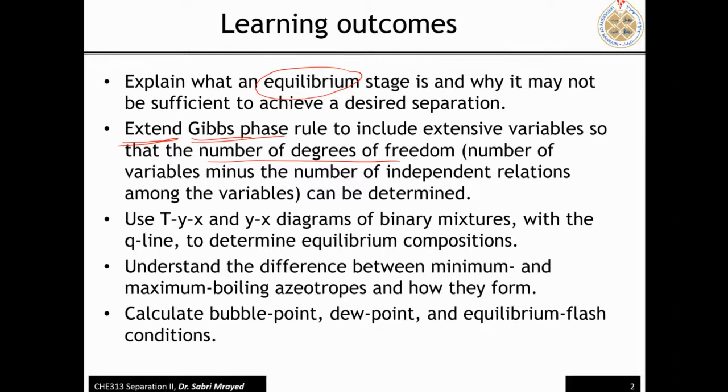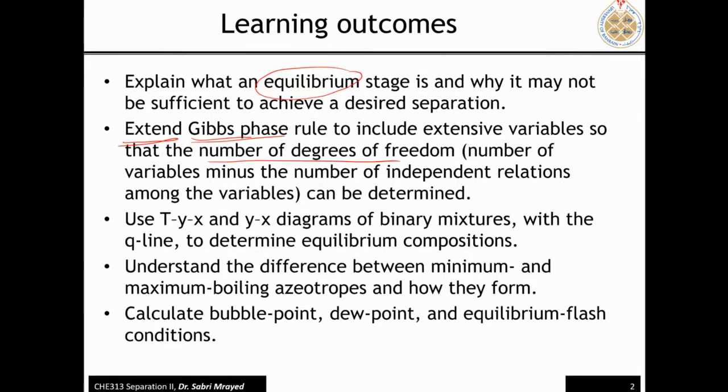And the same goes for that number. If it is 0, that means your problem is solvable. That means you have a unique solution. If the number is greater than 0 or less than 0, then you will have to adjust your input data, or you have to adjust your equations. We will see how we're going to generate the equations, and for each system how many equations usually we have.